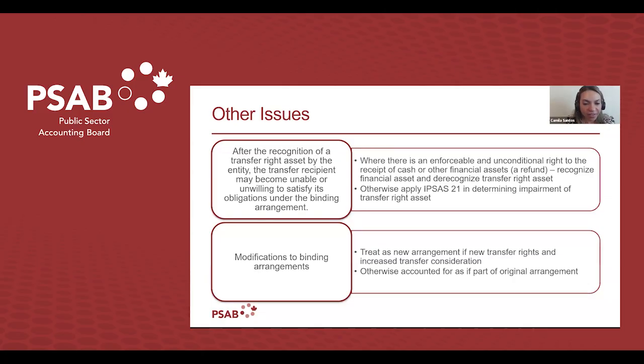An entity accounts for a modification to a binding arrangement as a separate binding arrangement if both of the following conditions exist. The scope of the binding arrangement increases, providing an entity with one or more additional transfer rights because the transfer recipient accepts one or more additional obligations, or an increase in one or more existing obligations, and the transfer consideration increases by an amount that is intended to reflect the value of the additional transfer rights by compensating the transfer recipient for the additional or increased obligations assumed.